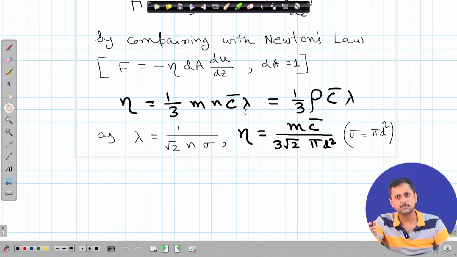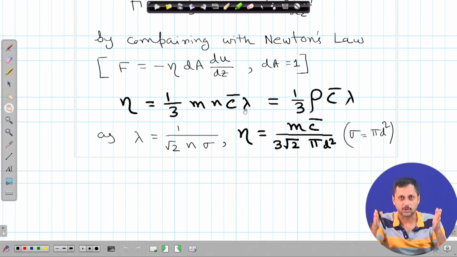And if we reduce the pressure even further, lambda cannot change because that is the upper limit of lambda. When we say that lambda is comparable to the length of the container, we talk about a situation where a collision is taking place on one side of the wall and the molecule is changing direction and hitting the other wall.